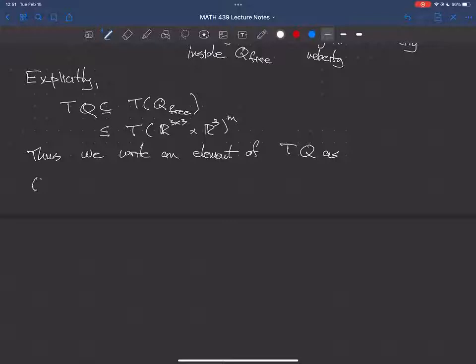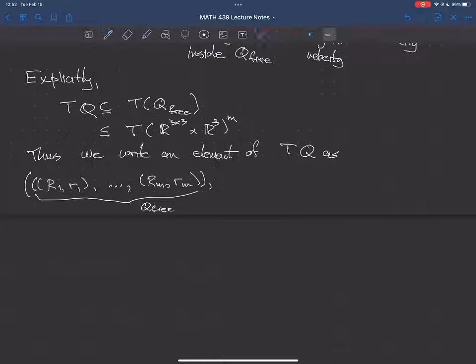So it's going to be R1, r1, up to RM, rM. This is the part inside Q free. And then you have the velocity part.